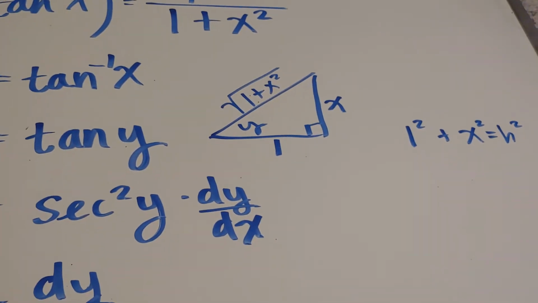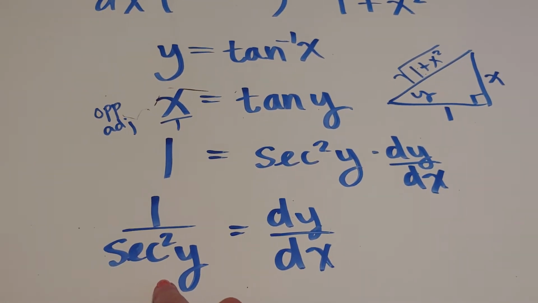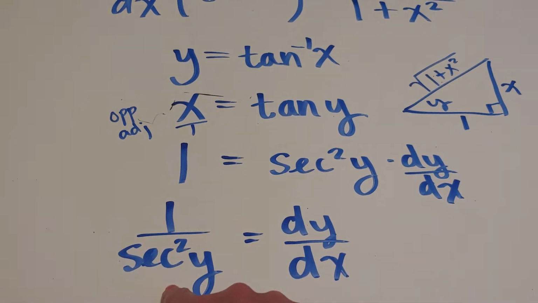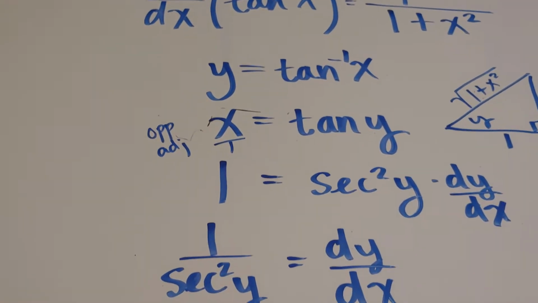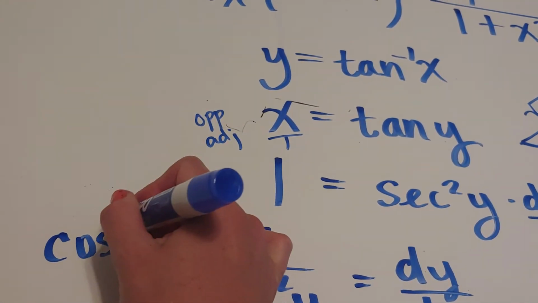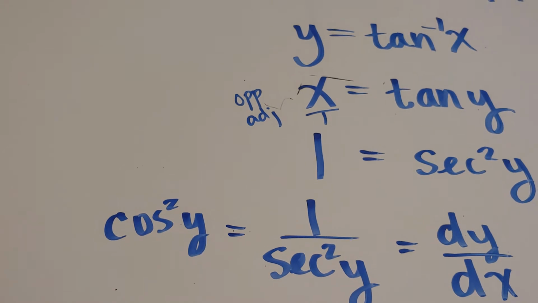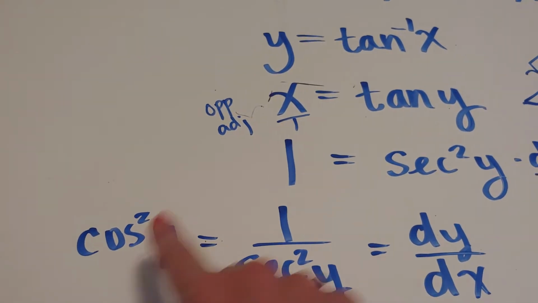Beautiful. Okay, so I want to do secant squared. Well, wait a second. 1 over secant, isn't that just cosine? It is, right? Okay, so let's go ahead and rewrite this as cosine squared y. Maybe that'll be a little bit easier to do from our triangle. So going to our triangle, we want to know what the cosine of y is.